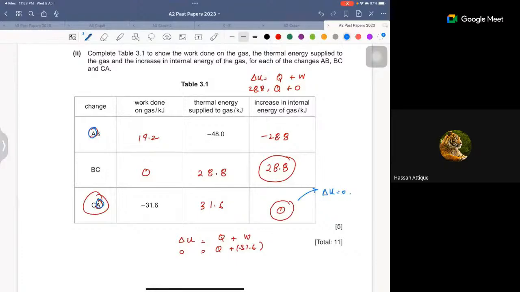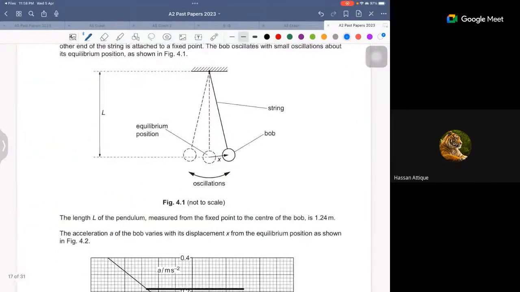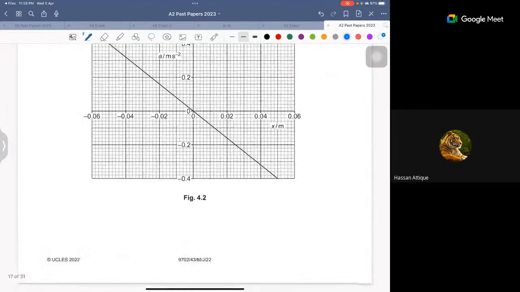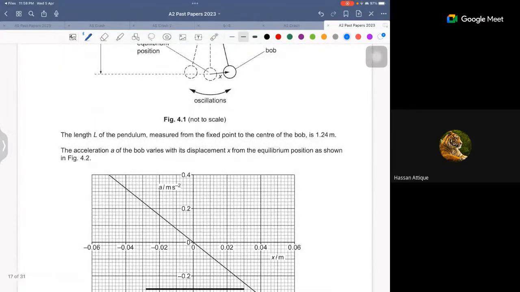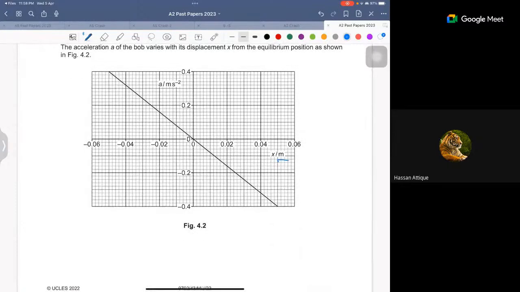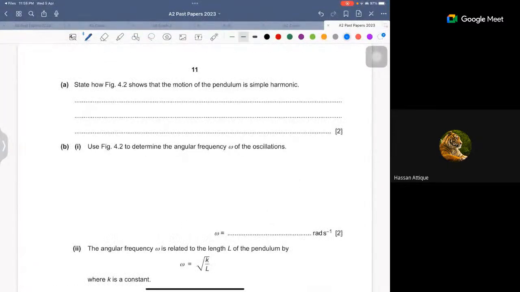Okay then. We're going to go to the next, which is the pendulum question. Pretty easy. They've given us acceleration versus displacement. We're going to check the units first. It says, state how the motion of the pendulum shows that it is simple harmonic. The first point should be that it's basically a straight line from the origin, which shows that acceleration is directly proportional to displacement.